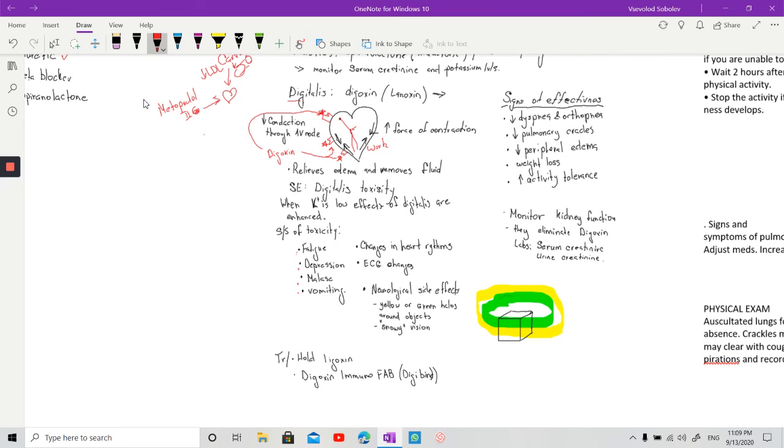It maybe affects the brain too, but the person will see, in the eyes, greenish yellow halos around the objects, will experience arrhythmias, the rhythm will be changed, and snowy vision.